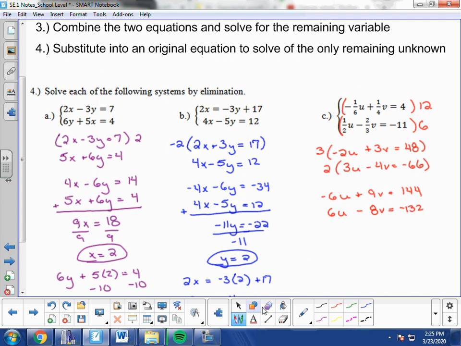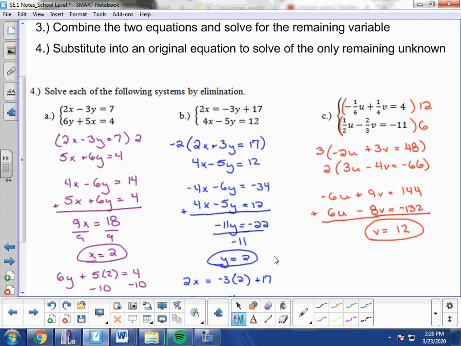So multiplying everything in the top equation by 3, everything in the bottom equation by 2. Now, what that does is it allows us to eliminate the u's. So in this case, it wasn't just like A and B where I multiplied just the top. I multiplied both of these by different numbers so that I could now cancel out the u's. And when I do that, it actually takes the v down to a single number, which is nice. Now there's no more work. v is 12.